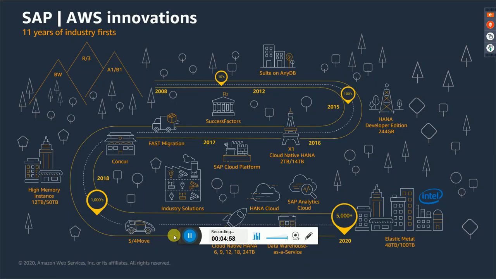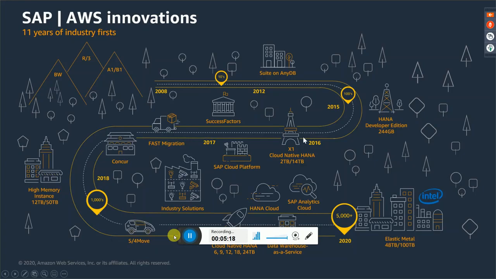This gives customers the ability to run larger and larger instances, anywhere up to 40 terabytes, but we also have 2 terabytes for customers that don't need as much. So we are constantly evolving our solution for how we support SAP in AWS.